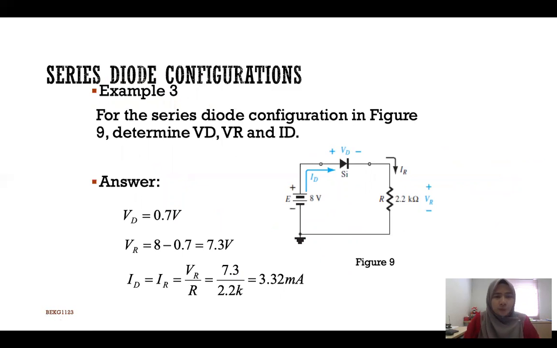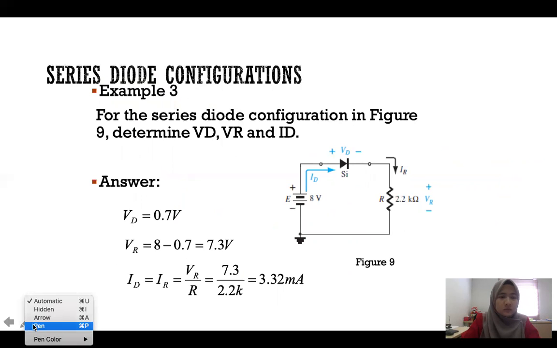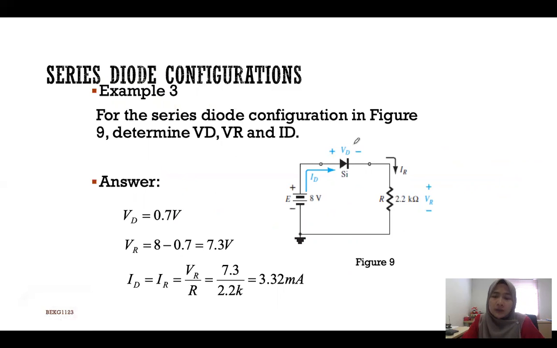Given this circuit, the VD over here, because this is forward bias, is equal to the knee voltage. VD is equal to VK. Since this is silicon, VD is equal to 0.7 volt.